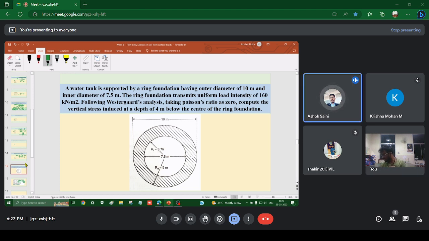Q bracket 1 minus cos cube theta. 1 minus cos 2 theta. Have I given theta over here? Angle between depth and radius. Or can you find out theta from here? Or can you solve it using the UDL circular load formula, 1 minus 1 upon (1 plus (a by z) whole square) whole to the power 3 by 2, whole to the power half? Which formula will you use over here?